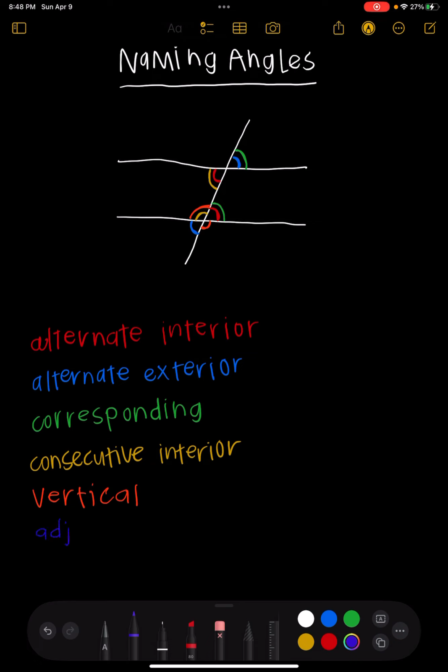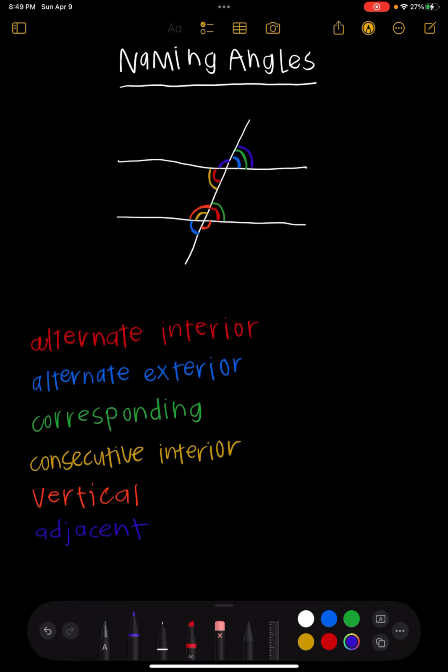Adjacent angles are right next to each other. A good example would be this one right here and this one right here. They're right next to each other. And adjacent angles create 180 degrees or create a straight line. Okay, so those are all of the different angles that we're going to talk about.